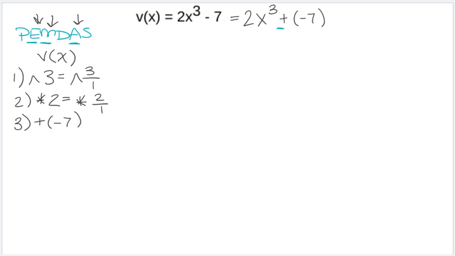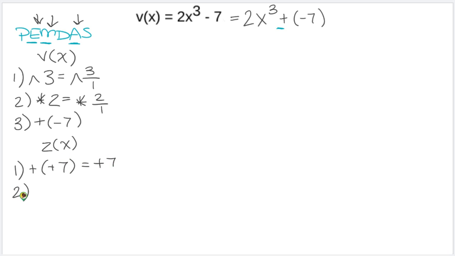For our inverse function, which we are calling z of x, we want to do the inverse of our original operations in reverse order. So we want to do the inverse of each of these steps working backwards. The first thing for our inverse function will be the inverse of our last step. The inverse of adding negative 7 is adding positive 7, which is just adding 7.